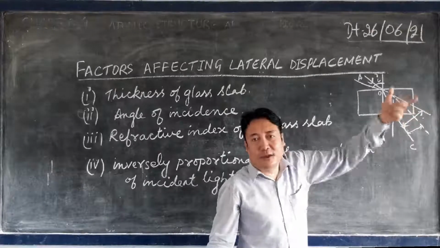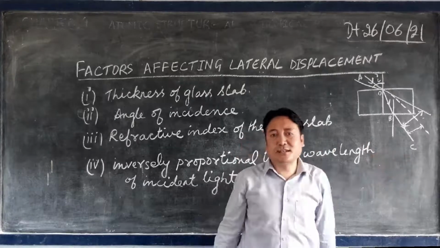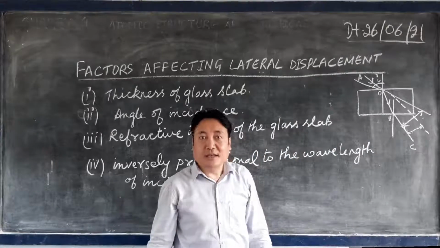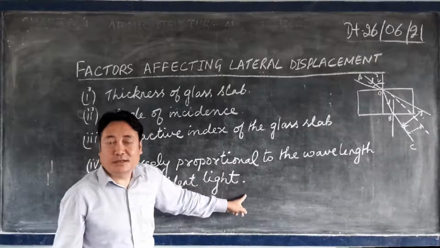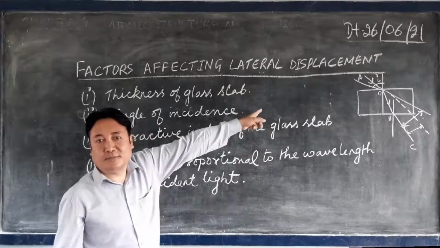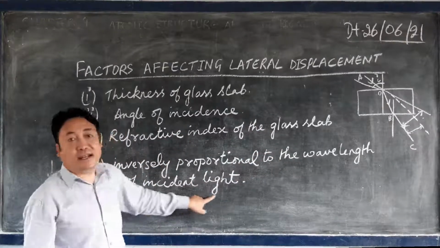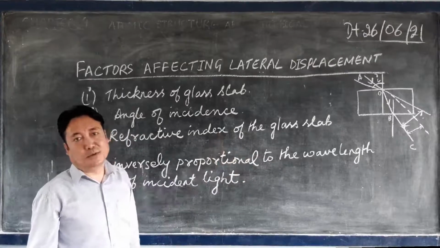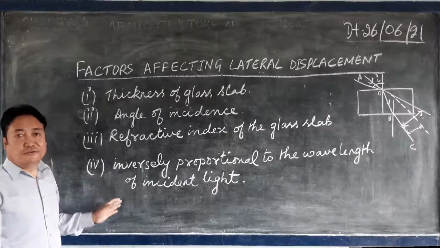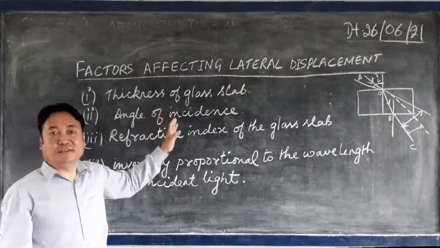If the wavelength of incident light is more, lateral displacement will be less. Similarly, if the wavelength of incident light is less, lateral displacement will be more. So these are the four factors on which the lateral displacement depends.